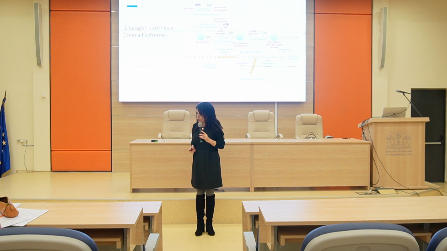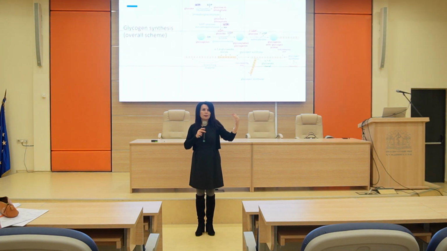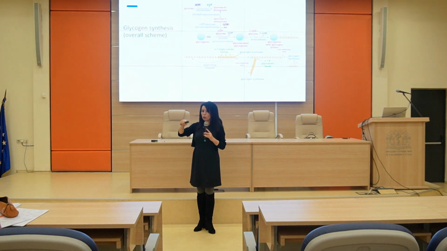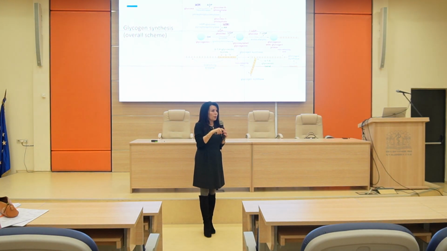One more thing you know, this enzyme and all this process, which is called glycogen synthesis or glycogenesis, is activated during which state? Well-fed state, which means to start synthesis of glycogen in the liver or in the muscles, we need to have enough glucose right now.